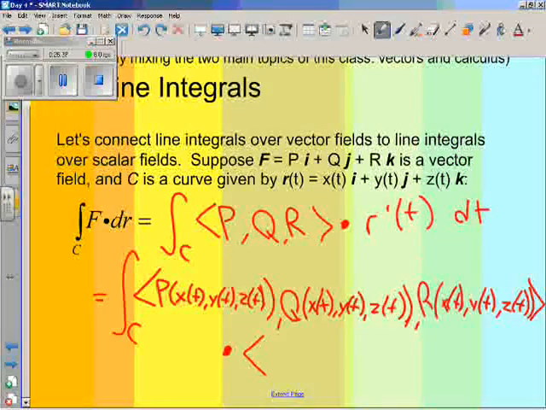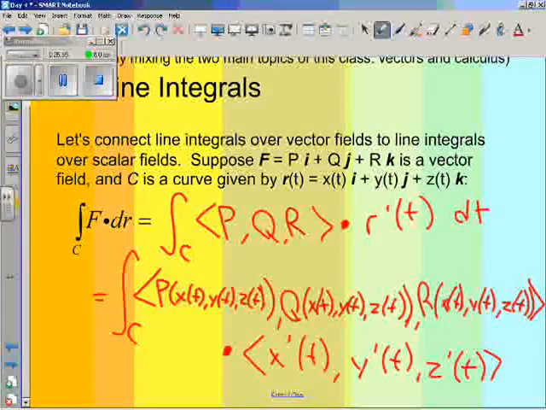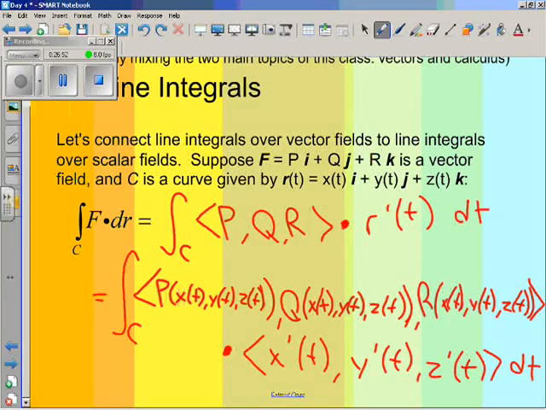So r prime is just going to be the vector x prime of t, y prime of t, z prime of t, dt.